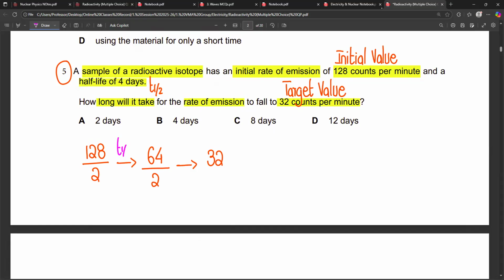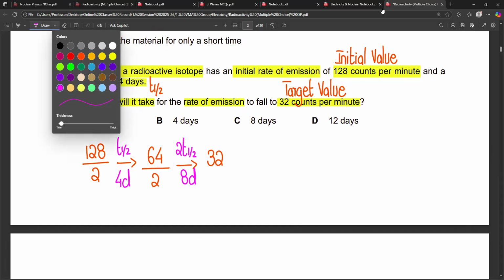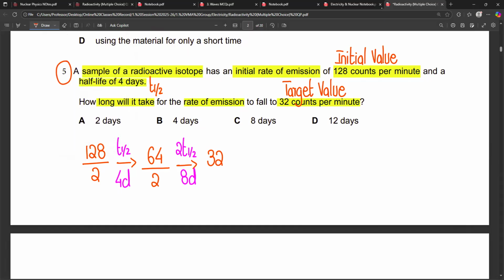So for the first half-life, it takes a total of 4 days. For the second half-life, it takes 4 more days. So 4 plus 4, 8. So it means after 8 days, this element reached the value of 32 counts per minute, right? So this is the easiest pattern to find the half-life.